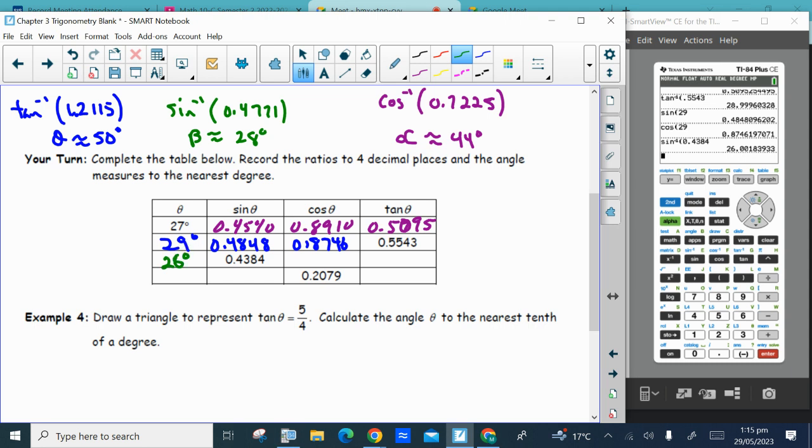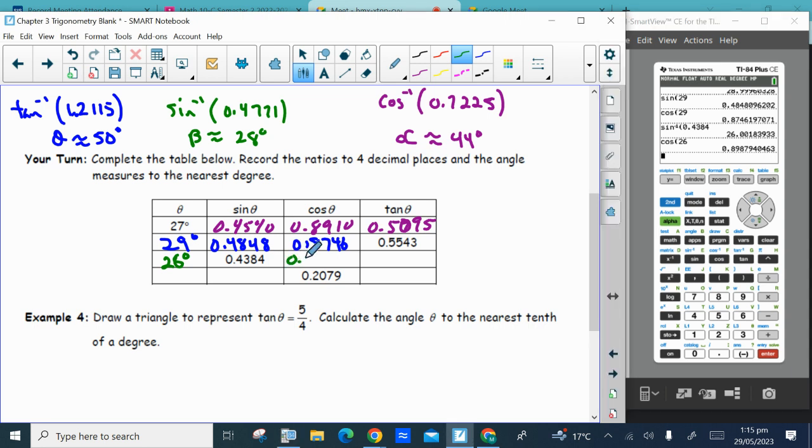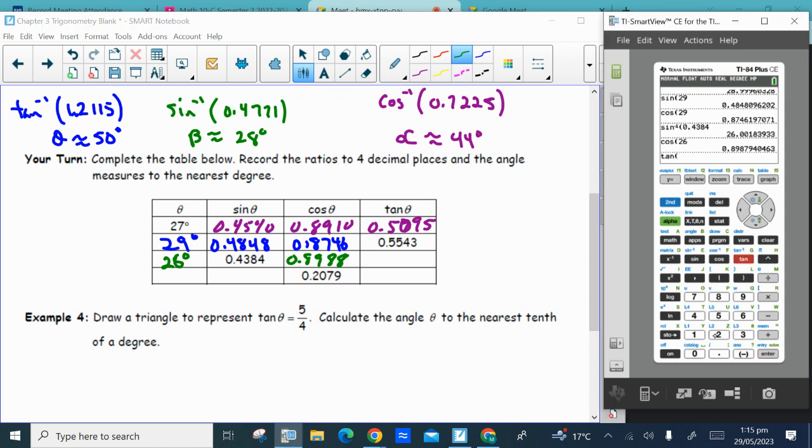And so now we can find the cosine and tangent of 26. The cos of 26 is 0.8988 if we round it, and the tangent of 26 is 0.4877.